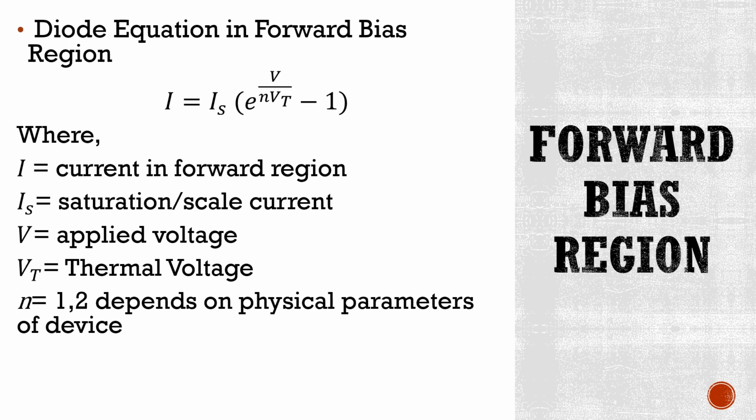We take n as 1 for diodes and n as 2 for transistors. In general, we shall assume n is equal to 1 unless otherwise specified.